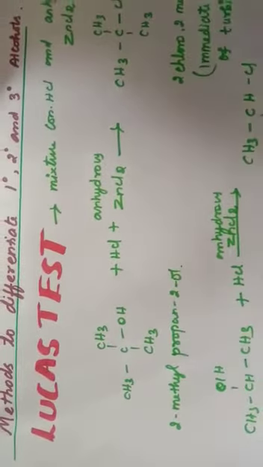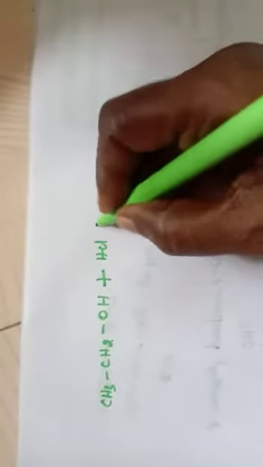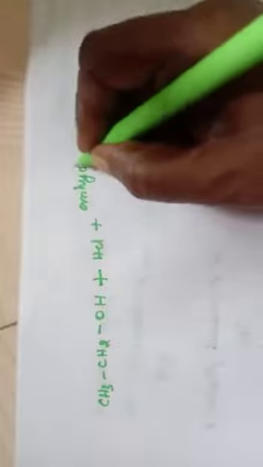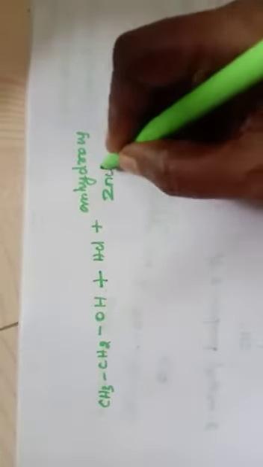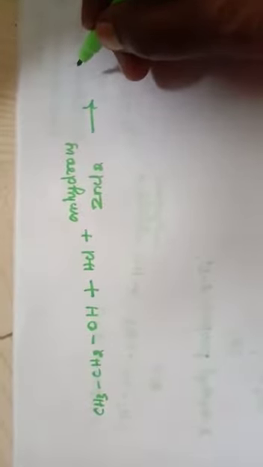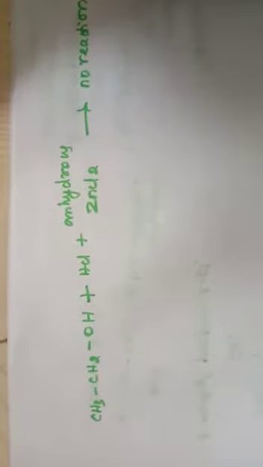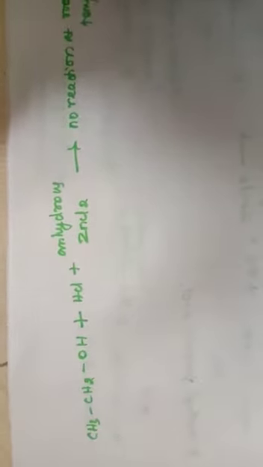Primary alcohol, that is CH3CH2OH. When primary alcohol is treated with the Lucas reagent, no reaction takes place at room temperature.